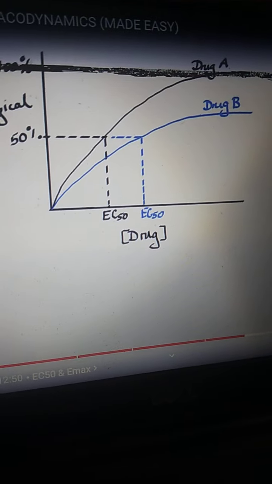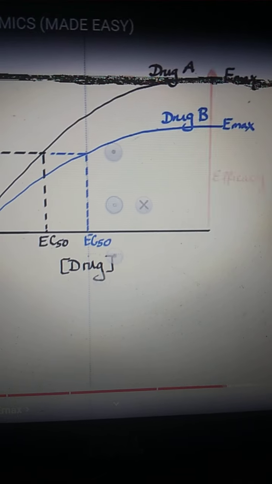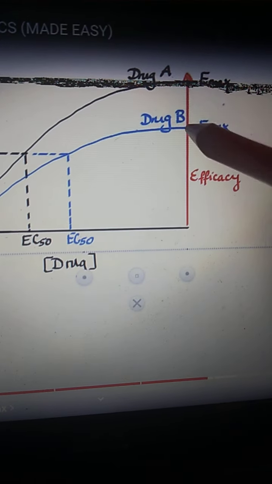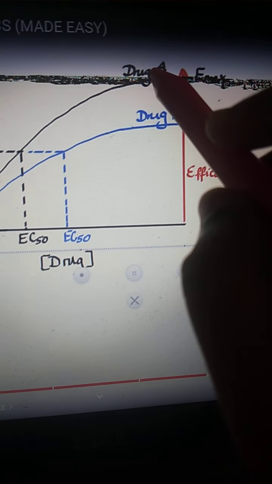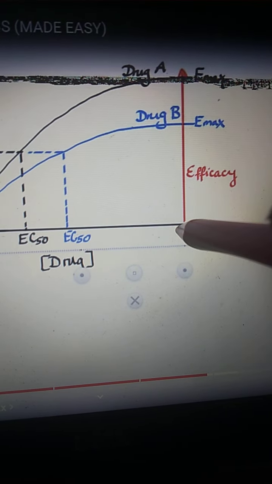And also efficacy of the drug. We talked about potency. Efficacy is with respect to the pharmacological effect being produced. See, drug A produces a high pharmacological effect even at the same concentration.